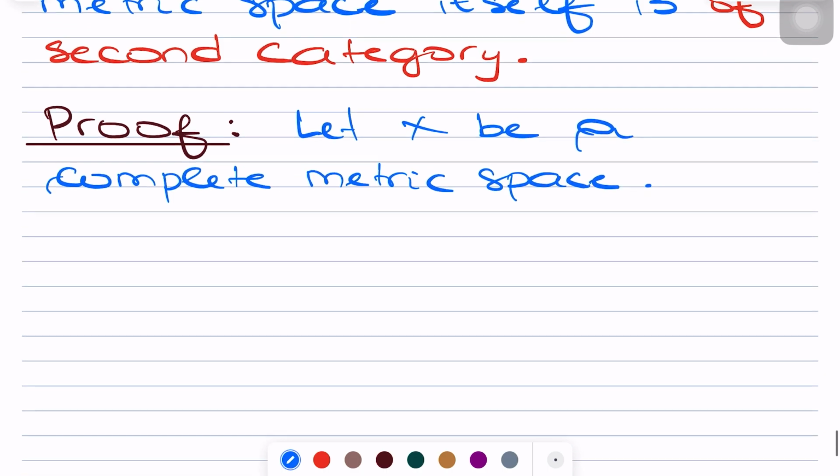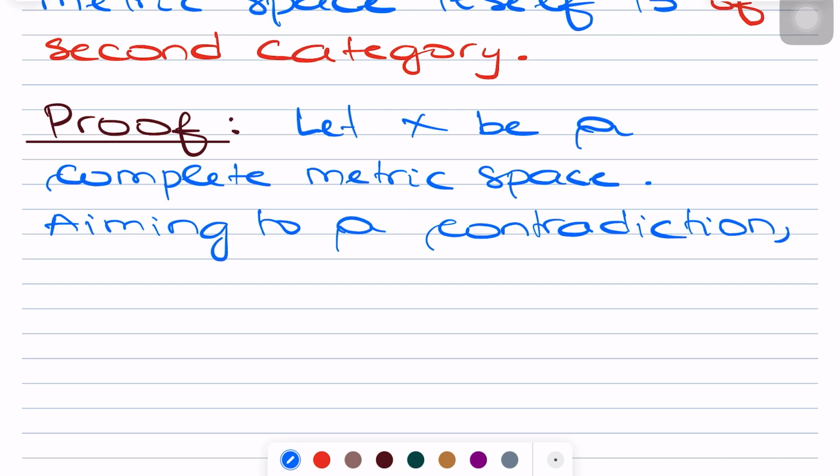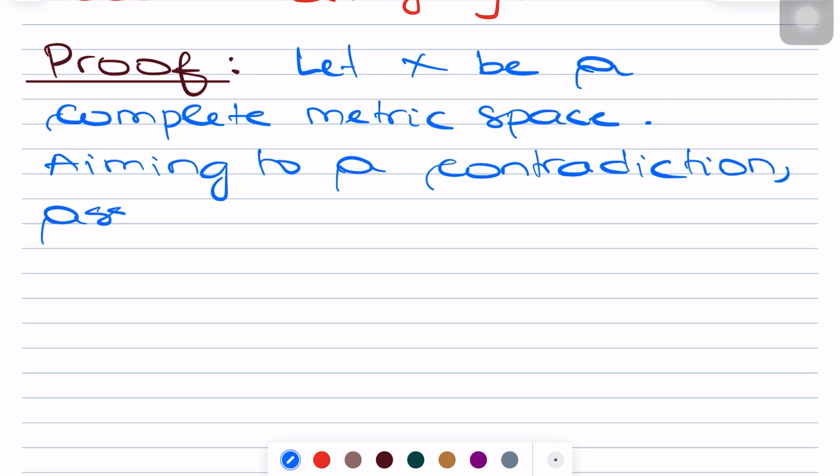Aiming at a contradiction, we assume X is of first category.